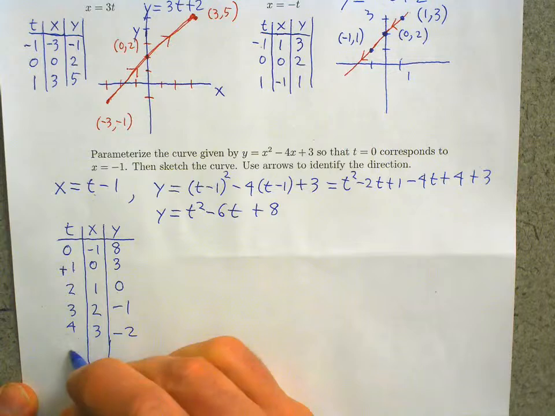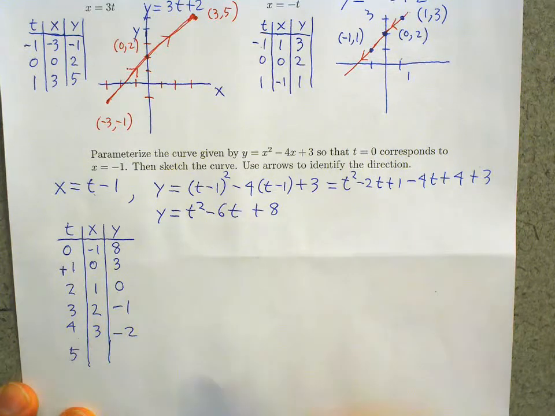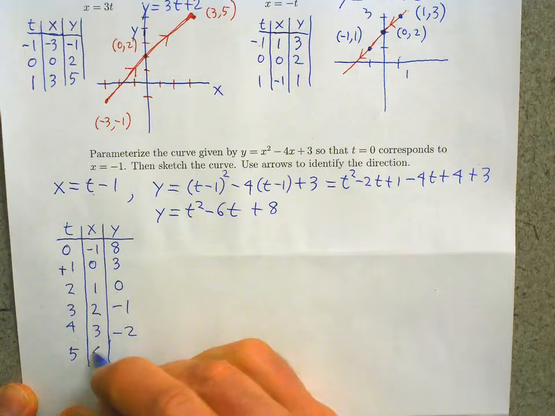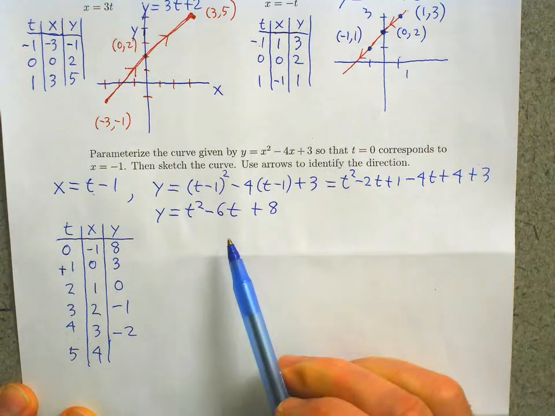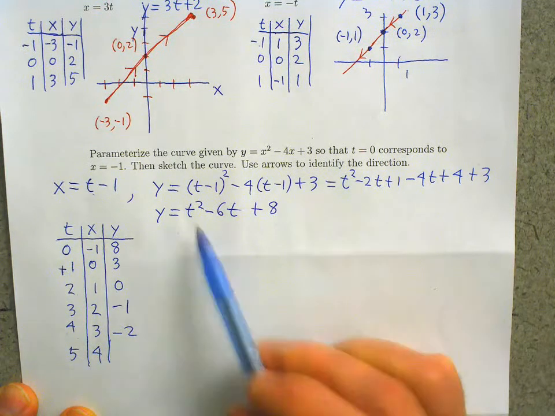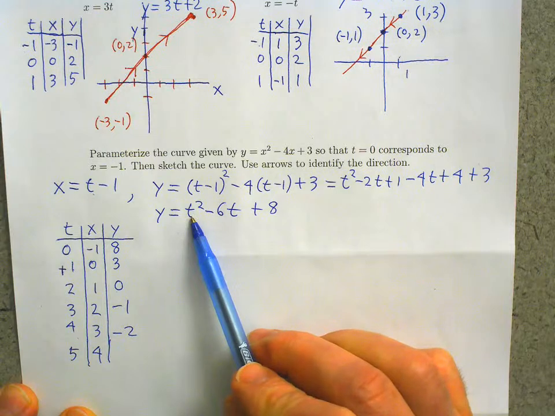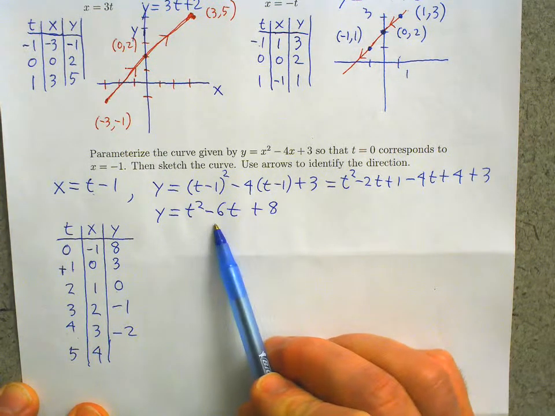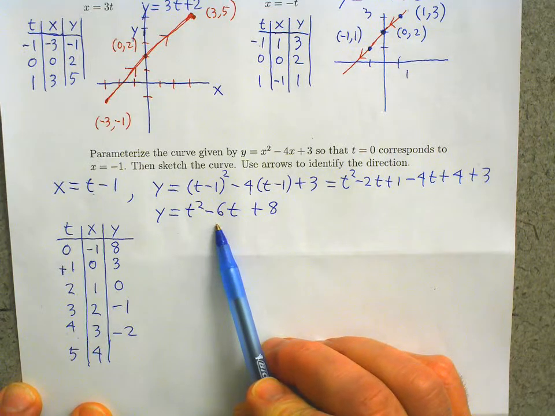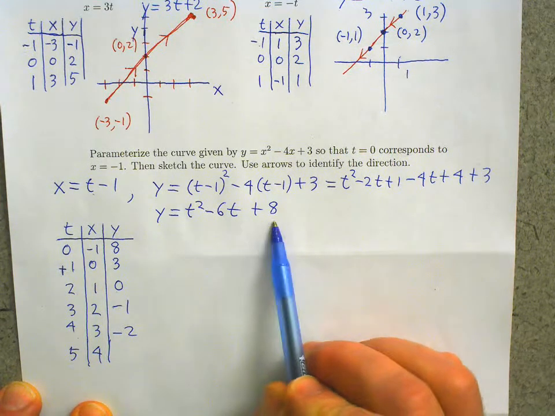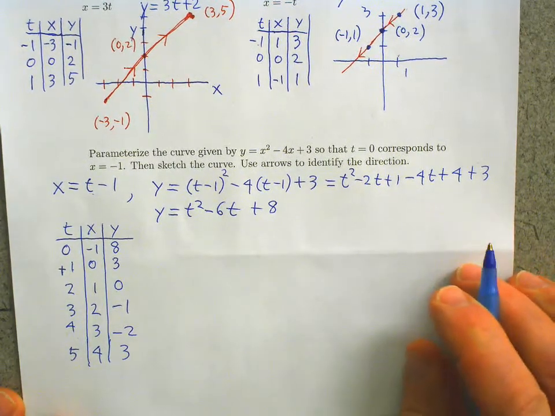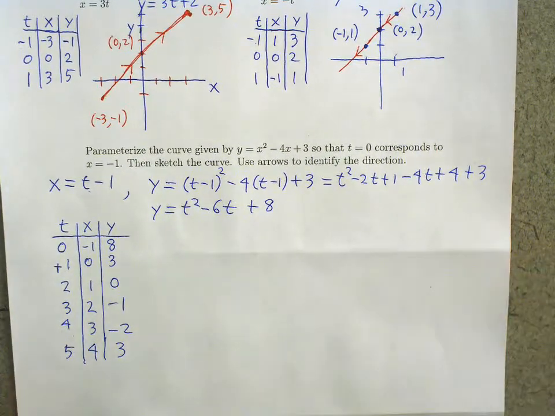So let's pick t to be 5. When t is 5, x is 5 minus 1 or 4. And then 5 squared is 25, minus 30 is -5. And -5 plus 8 is 3. So I'm thinking I made a mistake somewhere.